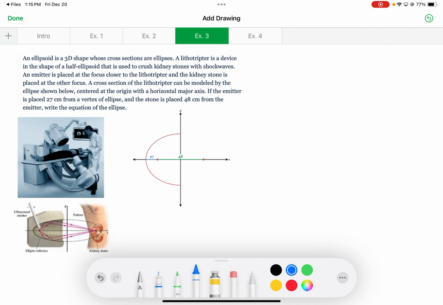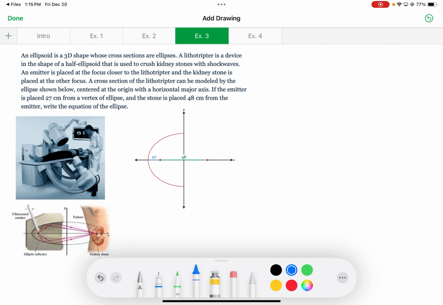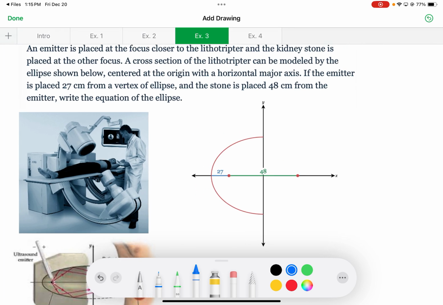All right, so I'd never heard of one of these before until I saw these show up on this Delta assignment. But here's a picture of a lithotripter. So right here would be your imaging device that you can use to see where the kidney stone is. You have this monitor attached to it.